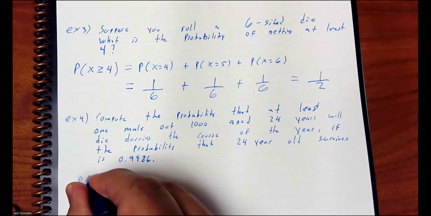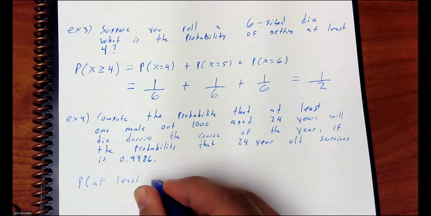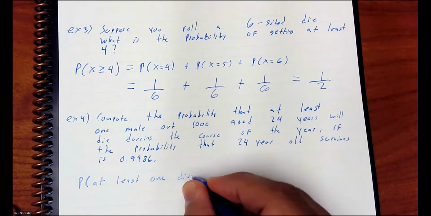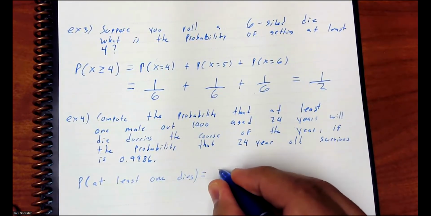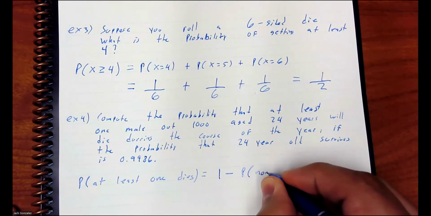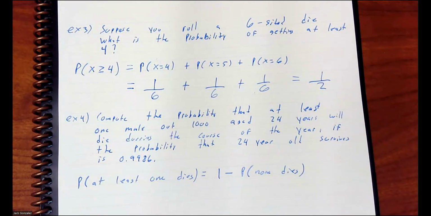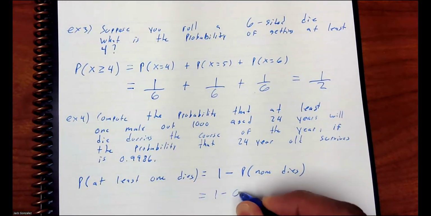The probability that at least 1 dies is equal to 100%, meaning 1, minus the probability that nobody dies. So you'll complement, right? 1 minus nobody dying versus 1 died.